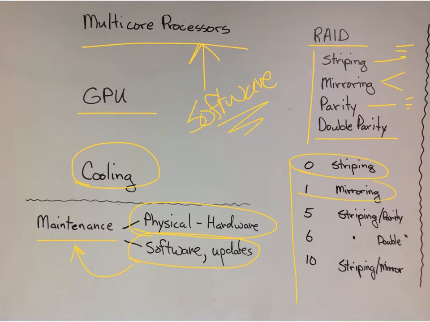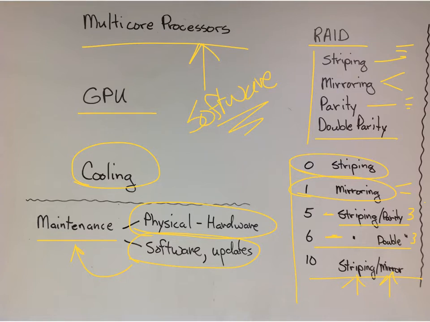0 is striping, 1 is mirroring, you have to have at least 2 drives. Striping with parity, you have to have multiple drives, at least 3. This is better, you have to have at least 3 drives. Striping and mirroring. You have to be aware that for striping, you can remove one of the drives and then rebuild it, but it'll take a while.